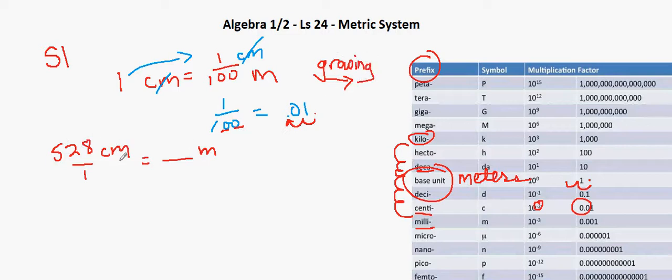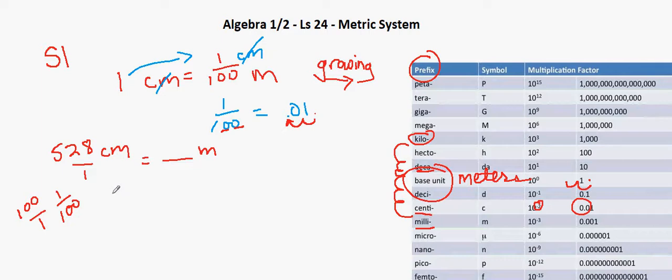Okay, 528 centimeters. What's the conversion rate? We have to choose either 100 over 1 or 1 over 100. We should be getting bigger with the measurement, which means the number should be smaller. We don't need as many meters to cover 528 centimeters.